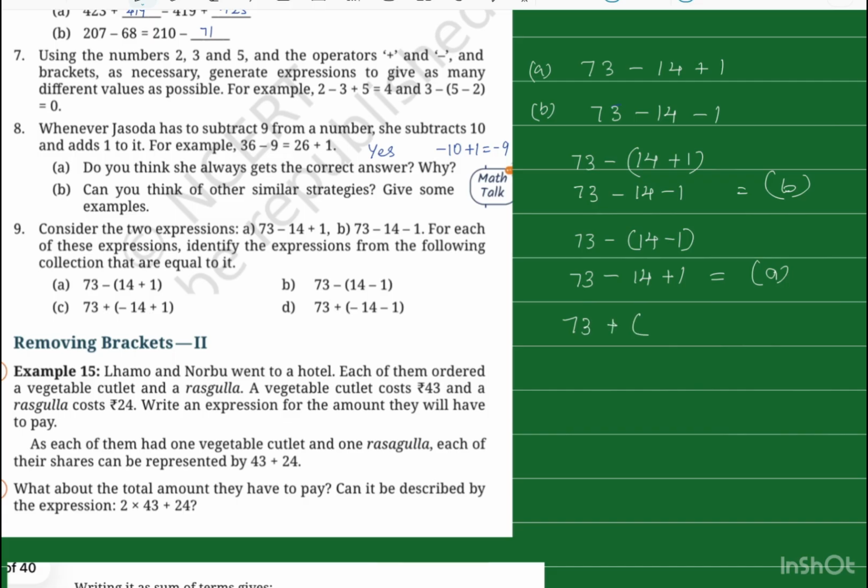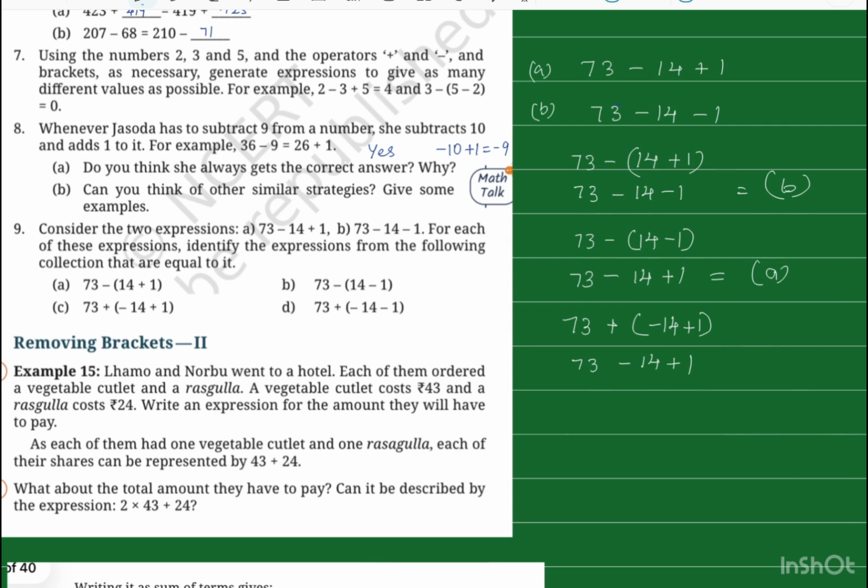Next one is 73 plus (minus 14 plus 1). When we open the bracket, there is no change in the signs of the terms inside the bracket, since the sign in front of the bracket is positive.